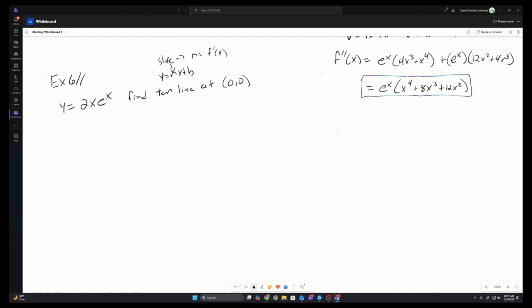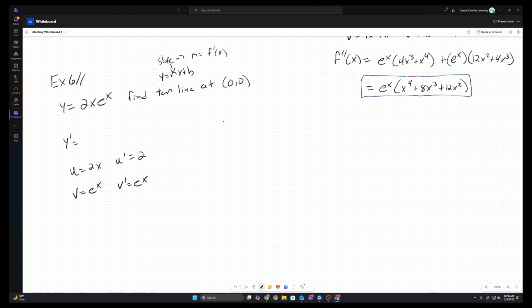In the previous questions, we had to do a lot of limits and stuff like that, but here we don't have to. If I know what this derivative is, that can help me find the slope. So that's what we're going to do. We're going to do y prime. u is 2x, v is e to the x, so v prime is itself, same thing, while u prime is just going to be 2.